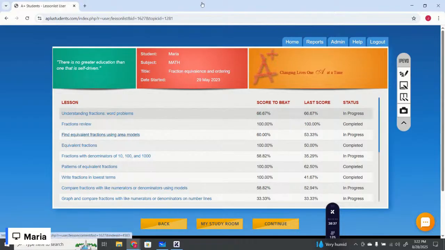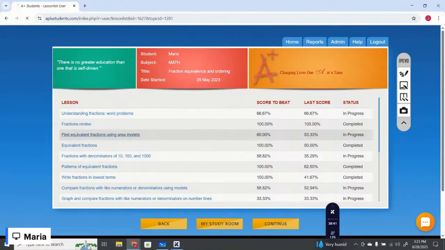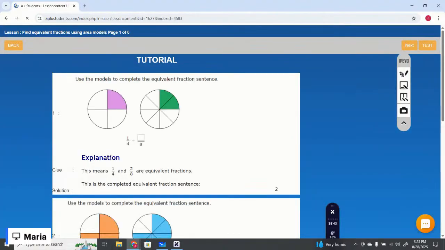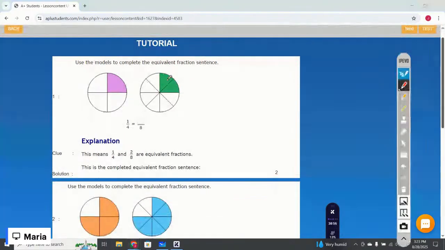The next lesson is fractions: find equivalent fractions using area model. Use the models to complete the equivalent fraction sentence. So 1 out of 4. Basically, let's just understand. Both of the circles are the same, right?